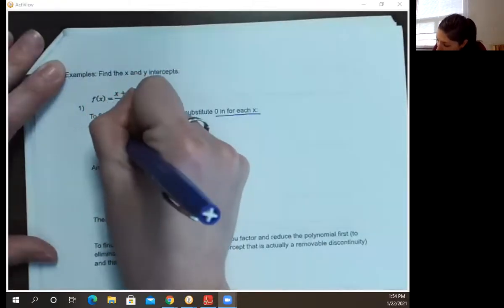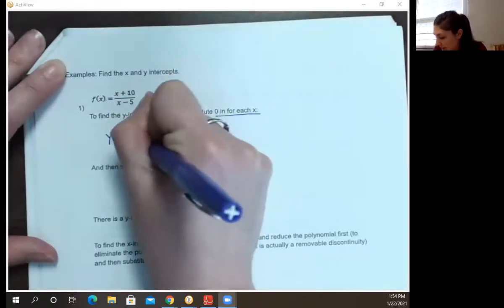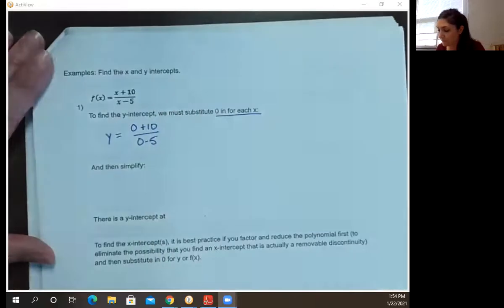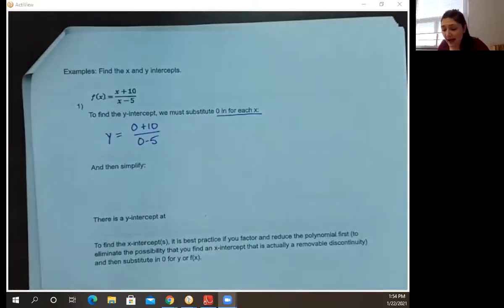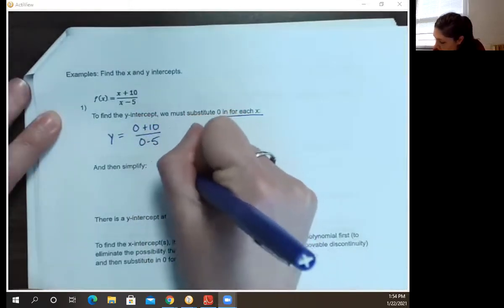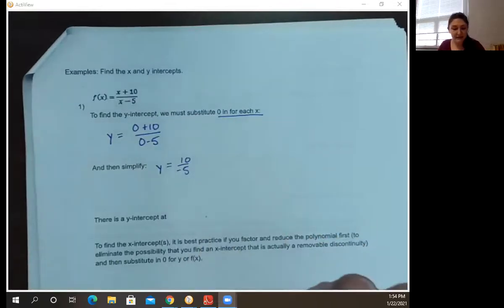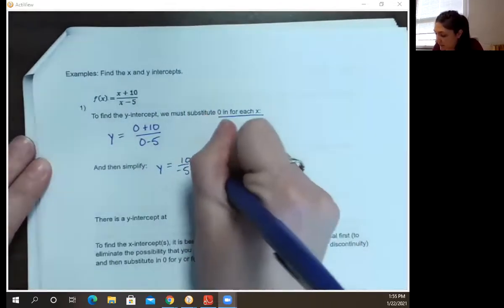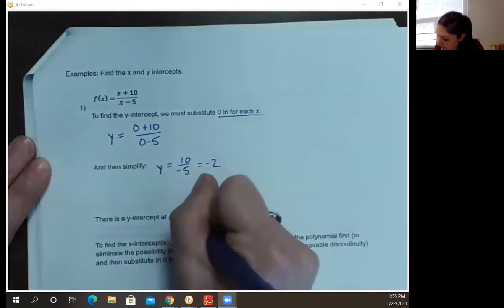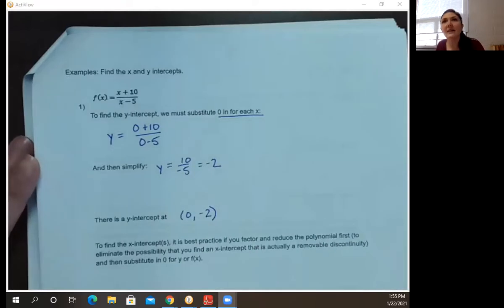So my y-intercept would be 0 plus 10 over 0 minus 5. And then we just simplify. So I would have y equals 10 over -5. I can reduce that. 10 divided by -5 would be -2. So we have a y-intercept at -2. So our y-intercept would be at (0, -2).